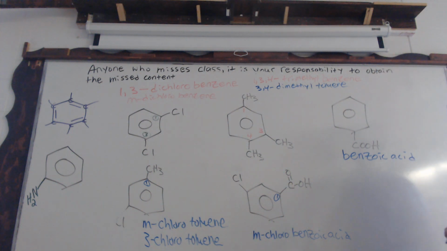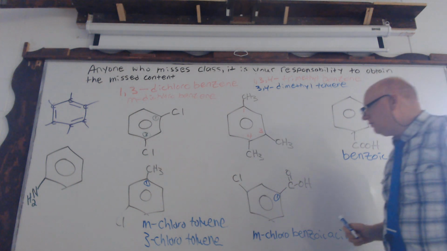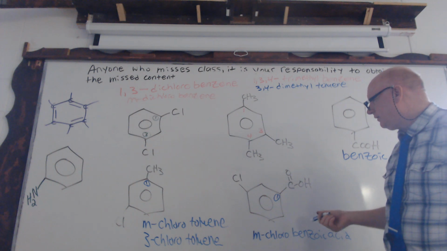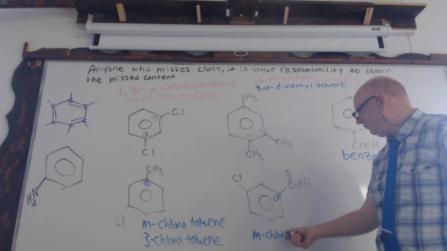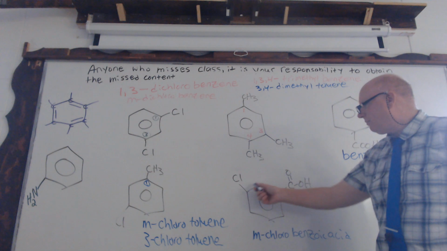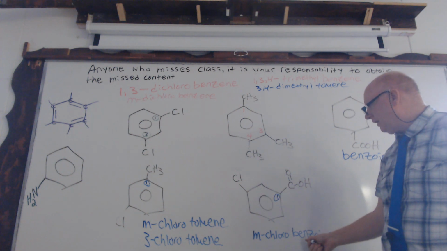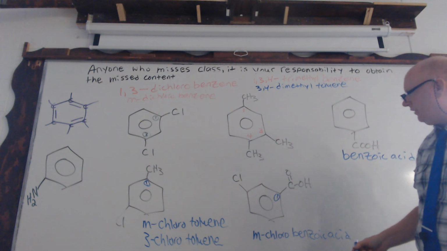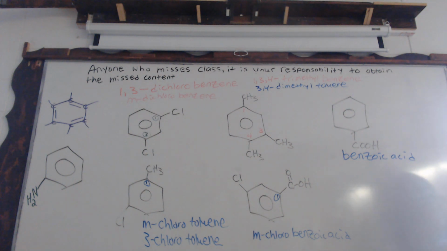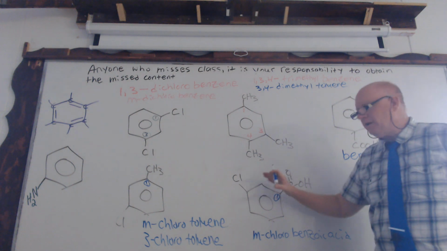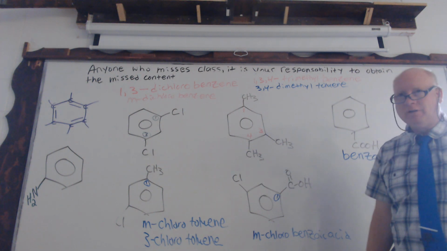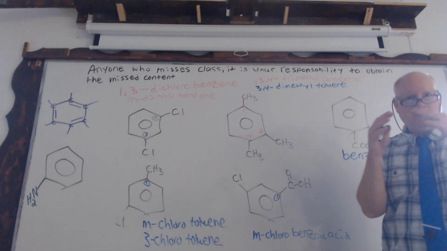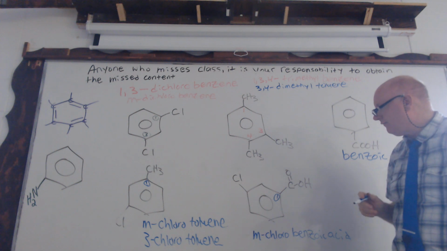Or you can, again, just say we've got 3-chloro benzoic acid, because it's 2 spots away, because you're using the common name. But then if you go back to the scientific name, then you're going to have to alphabetize those. So there's a system that you're always going to try to remain consistent with these.